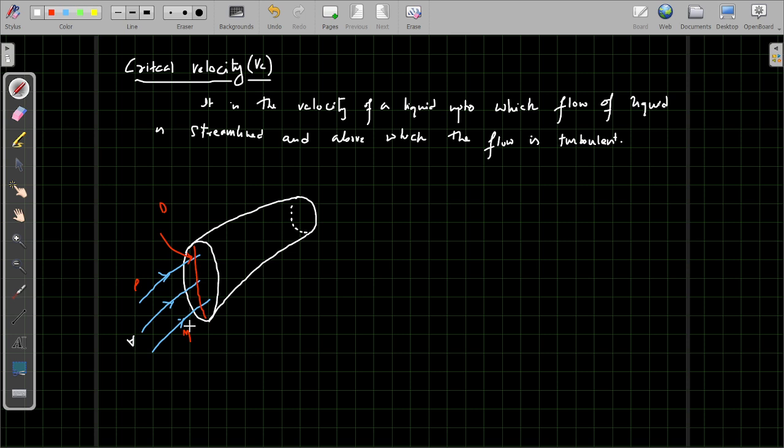We can derive an expression for this value using dimensional analysis very easily. We can denote the critical velocity by Vc.